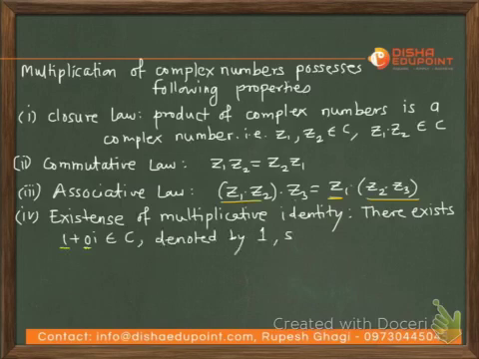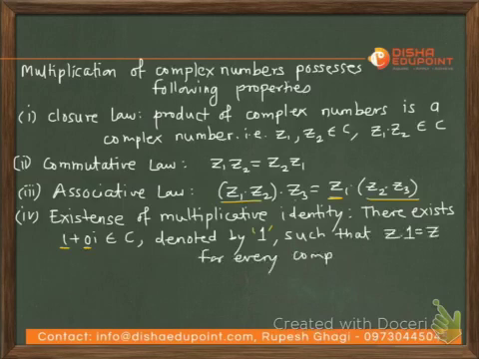This number is denoted by 1. Now this number is such that if we multiply any number z by 1, we will again get z. You can try this multiplication, you will always get z again. So for every complex number z, we have z into 1 is equal to z. That means we have a number 1 plus 0i in the set of complex numbers such that if we multiply any complex number by this, we will again get the same complex number.